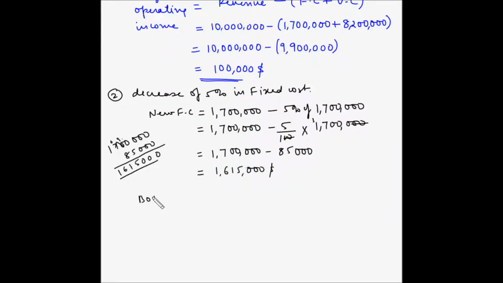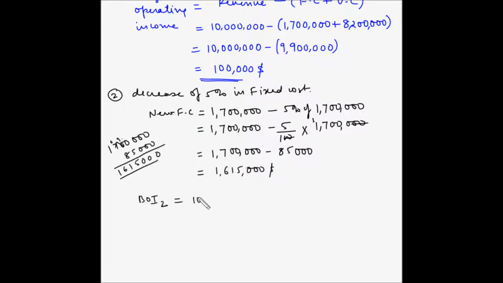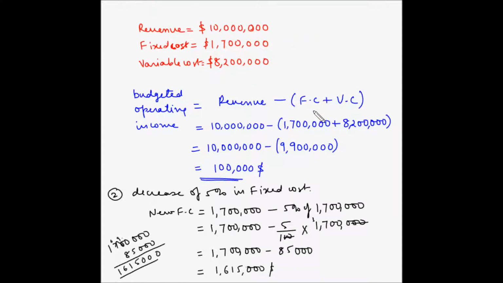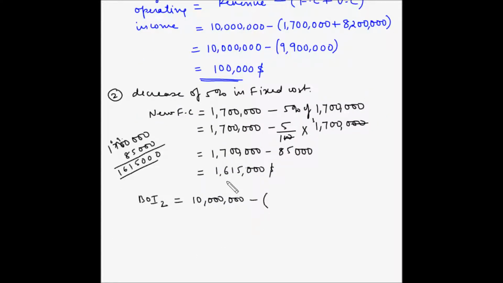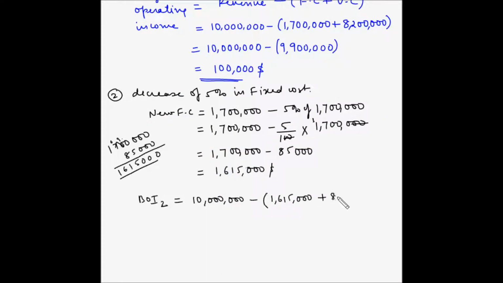So budgeted operating income 2 is equal to, the formula remains the same, revenue minus fixed cost plus variable cost. So revenue is the same, 10 million, minus fixed cost has changed to 1.615 million, so 1,615,000 plus the variable cost, which is still the same, 8.2 million.